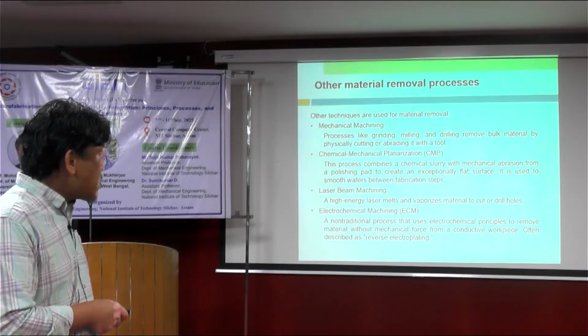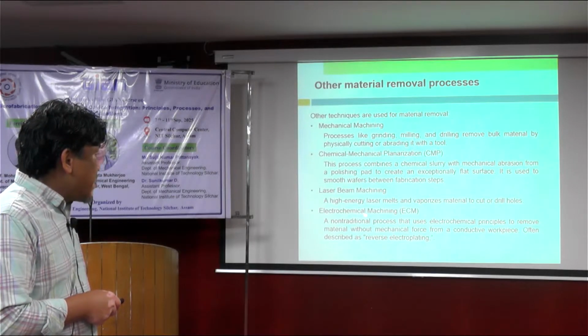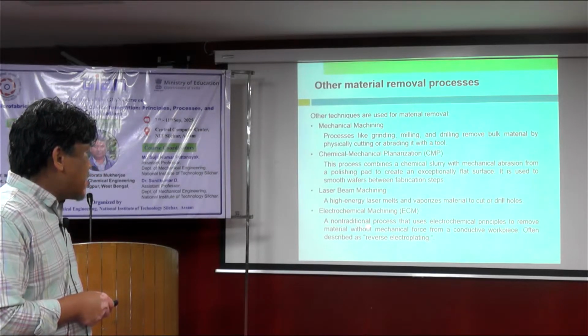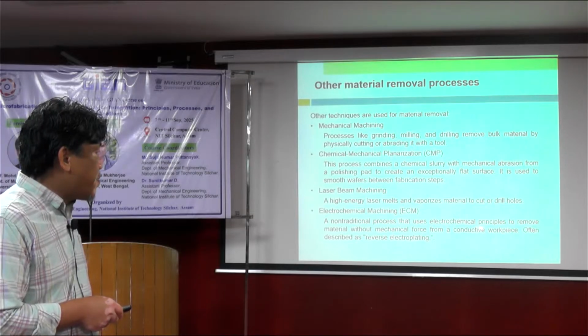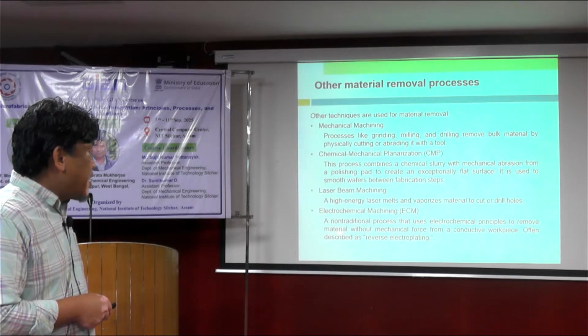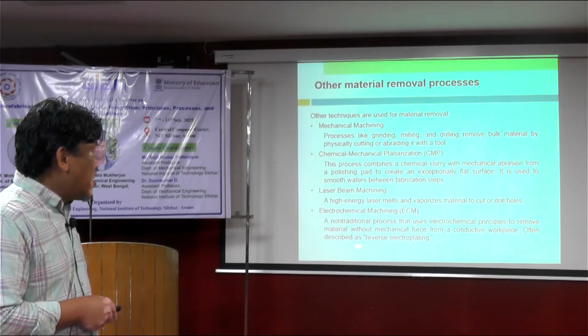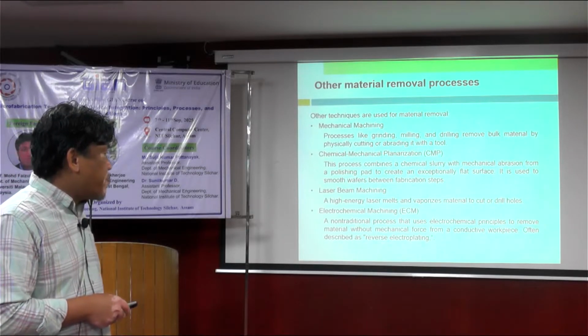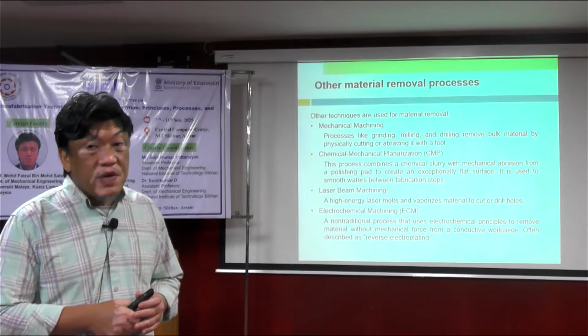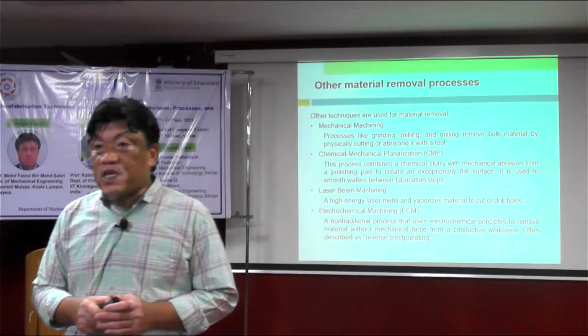Then we have electrochemical machining, ECM, a non-traditional process that uses electrochemical principles to remove material without mechanical force from a conductive workpiece, often described as reverse electroplating. In the previous lecture, we looked into electrodeposition.